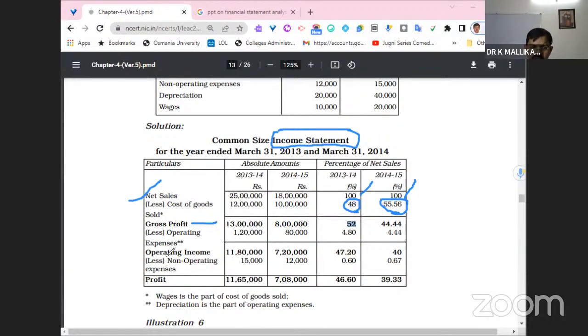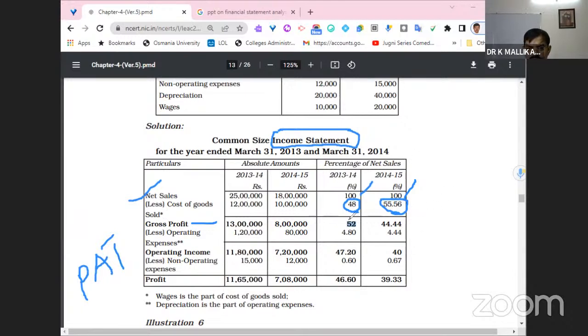If any non-operating income is there, we can add, or else less non-operating expenses, we'll get the profit. If tax is given, we subtract tax. Then we get profit after tax, which we call PAT.